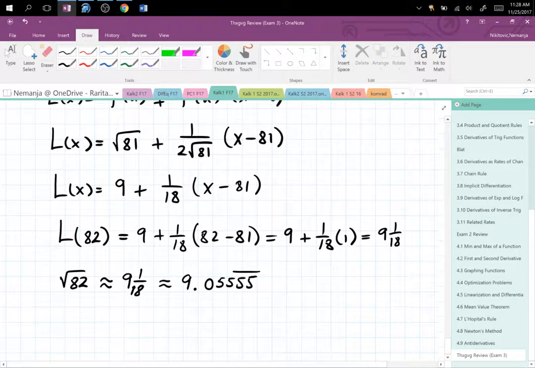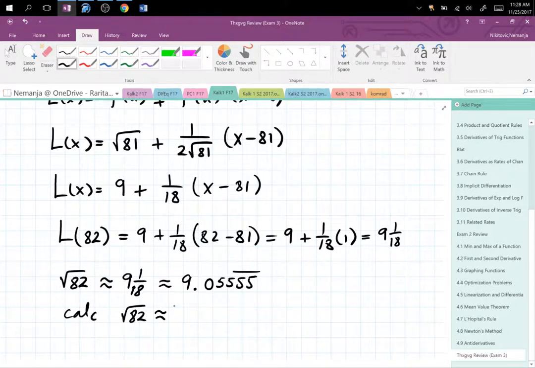Now, the calculator says that the square root of 82 is approximately 9.05539. So we see that we are 2/10 of a cent off. We're off 2/10,000ths.